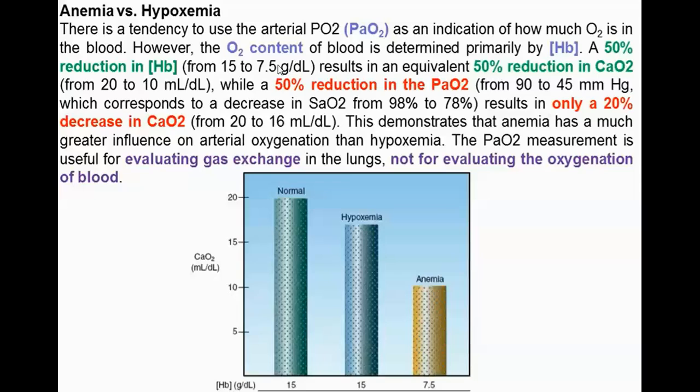So by numbers, for a normal person the hemoglobin is 15, and this is the oxygen content. As we said, the arterial oxygen content is about how much? 20 milliliters, with a hemoglobin of 15.